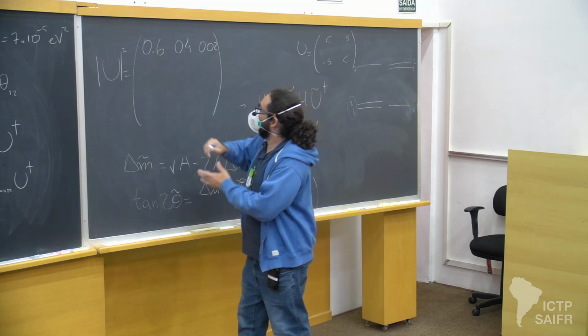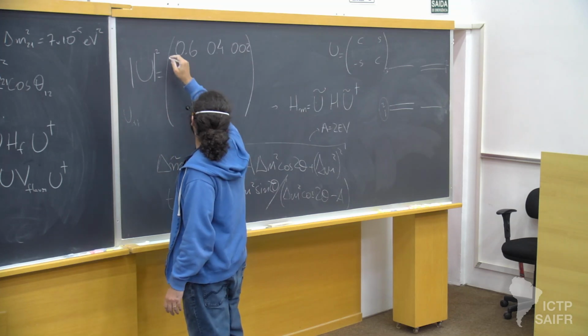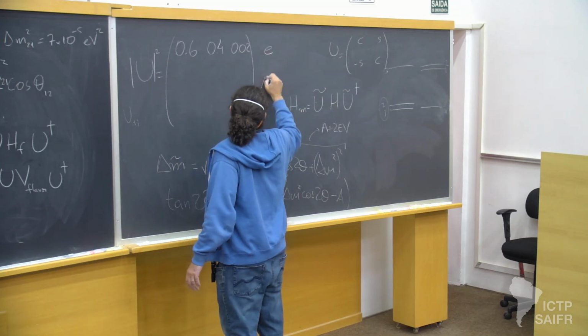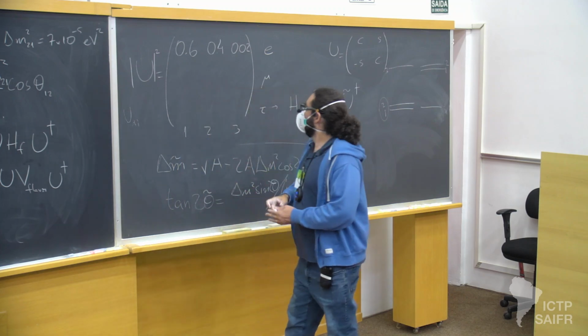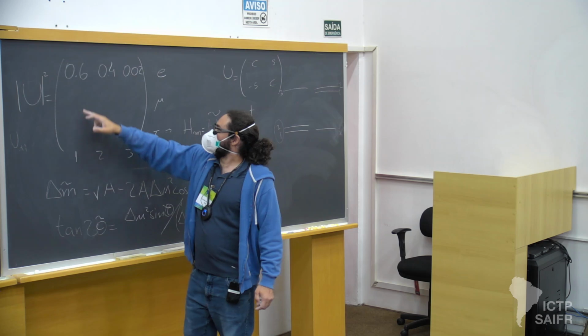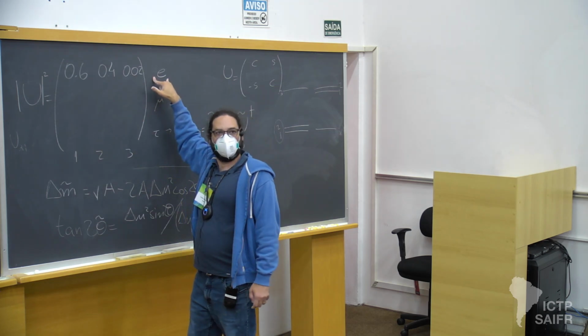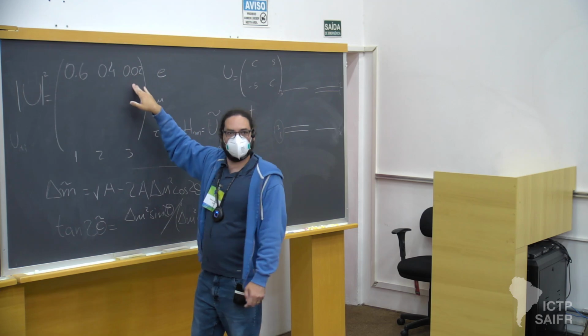Which means that, and again, this is U alpha i. So this is e, mu, tau flavor. And this is neutrino 1, 2, and 3. So what I'm defining as nu 1 is the neutrino that has the largest nu e admixture in it. Nu 2, the one in the middle, and nu 3, the smallest.